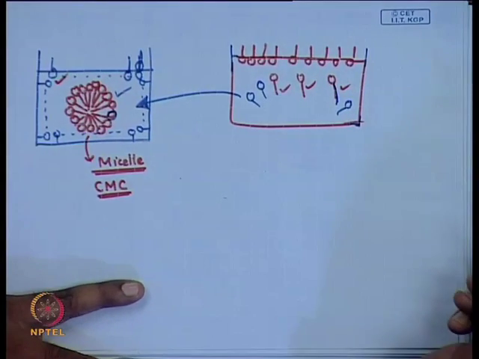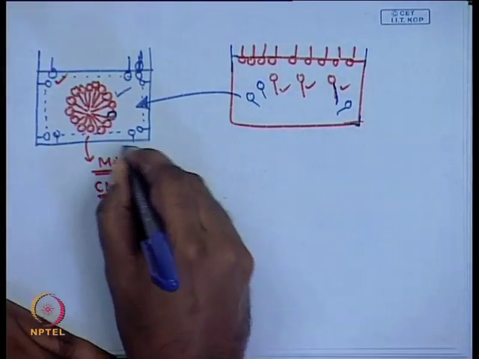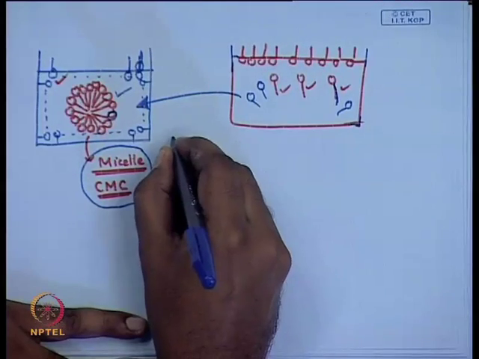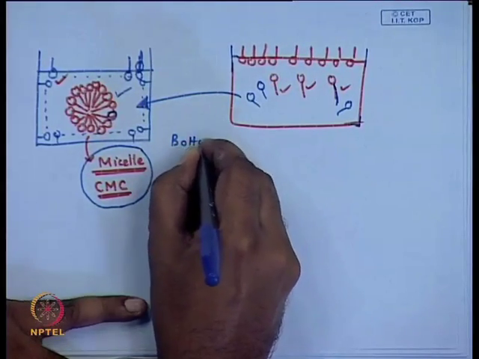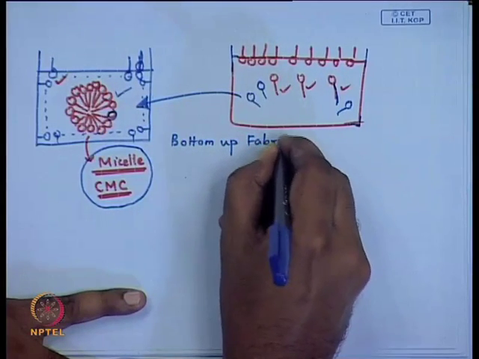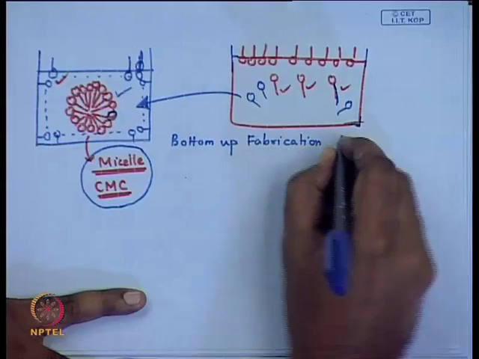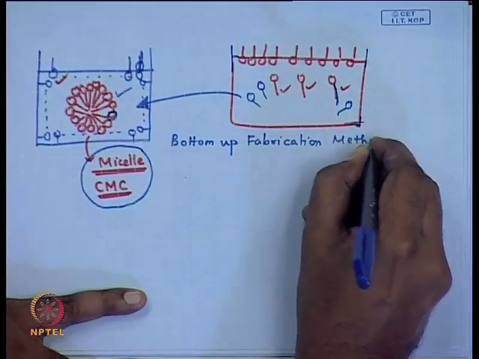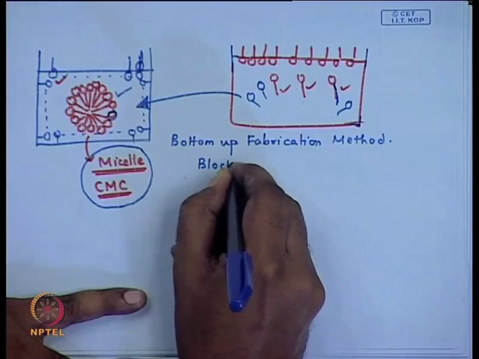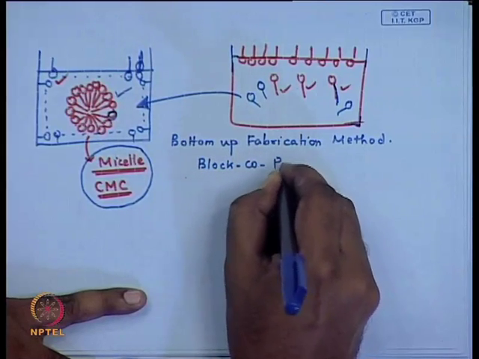Now, this is the concept of micelle formation of surfactant molecules. Probably the easiest example of bottom up fabrication method, but this is a very important example with surfactants, with a class of materials called block copolymers.